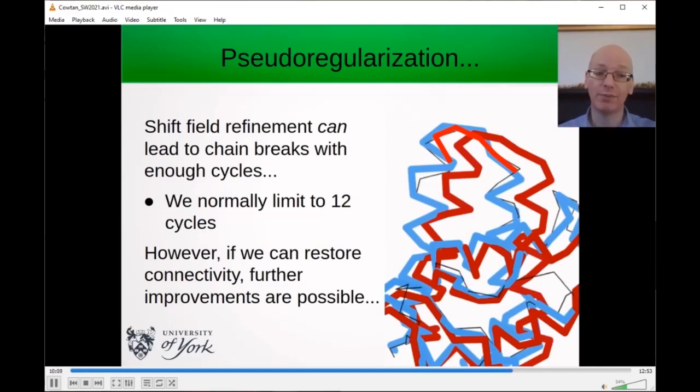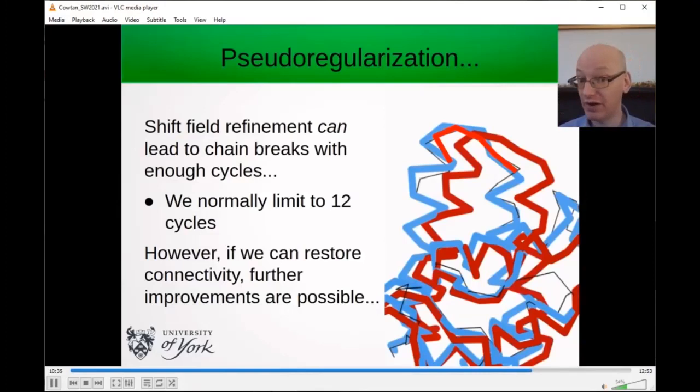So to do that, we've implemented pseudo-regularization. And what we do here is we pick out 5 residue segments from the original chain and superimpose them on the shifted chain. And we do this for each overlapping 5 residue stretch in turn, and then blend these together to build a reconstructed shifted model.